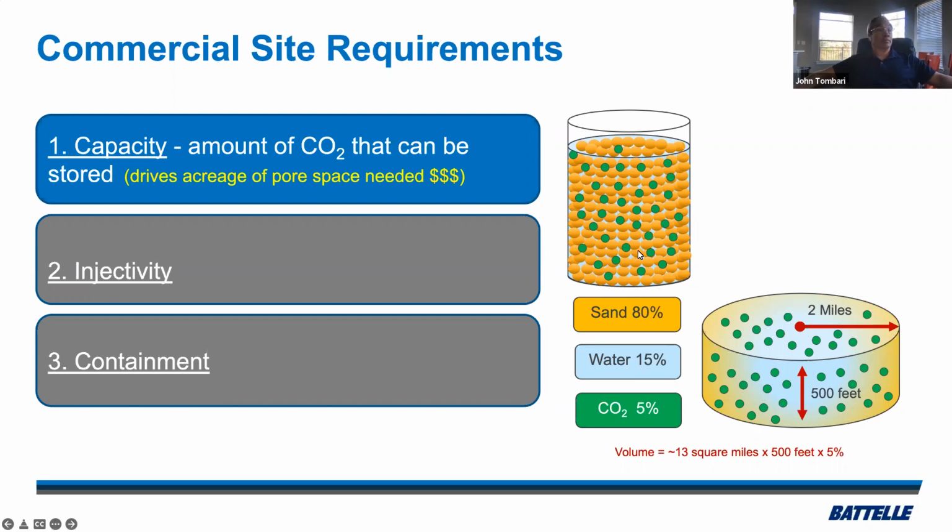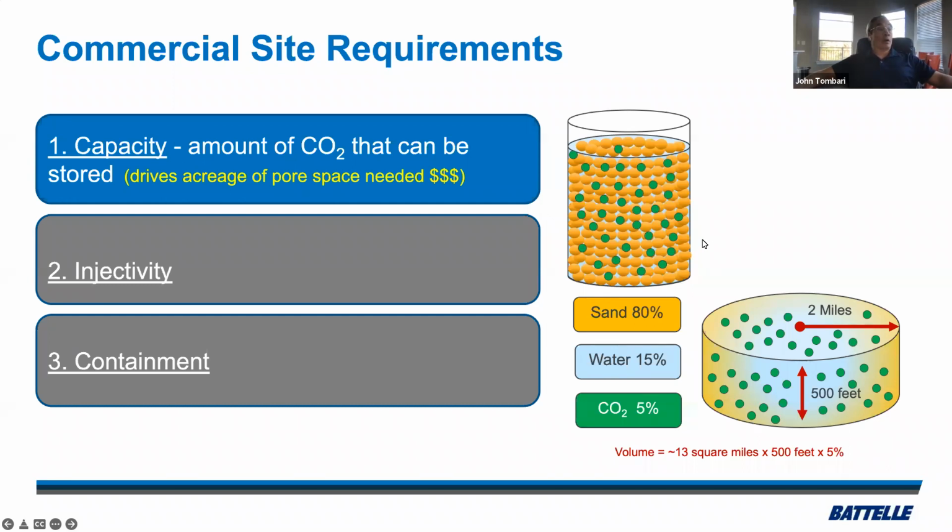So as an example, I talked about 80% sand, 20% pore space. And that pore space, remember, is filled with water, salt water. So we have to move out that water when we're injecting the CO2. And a really optimal situation would be if we can get 5% of that volume as CO2.